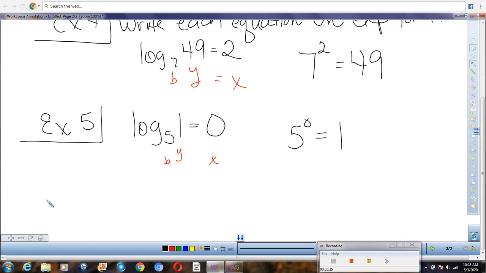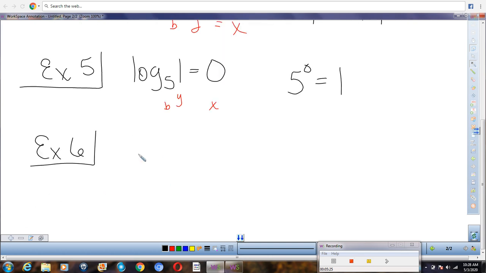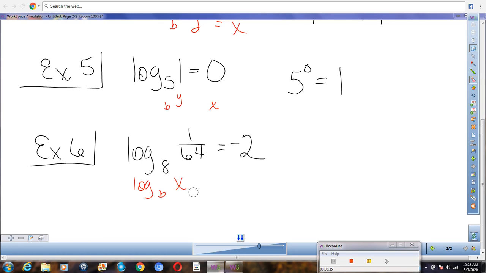Anything raised to the 0 power equals 1. Let's try one just a little bit tougher. Example 6. We have log base 8 of 1 over 64 equals -2. Again, a reminder that this is log base b of y equals x, our exponent.